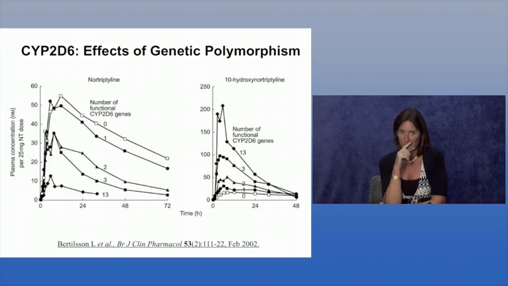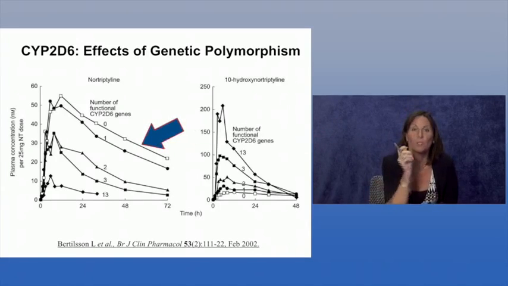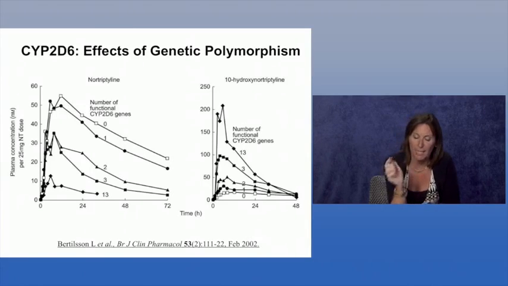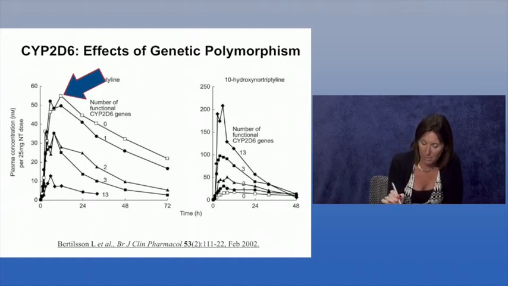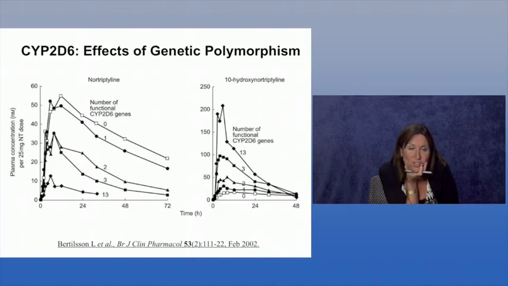And that's an example of polymorphism. So you can appreciate from this diagram that this particular curve here, which reflects an individual who has no copies, little in the way of functionality, of the 2D6 enzyme, or I'm sorry, of this 2D6 gene that encodes the enzyme, has much, much higher plasma concentrations and overall areas under the curve in comparison to individuals who have 13 functional copies of the 2D6 genes.